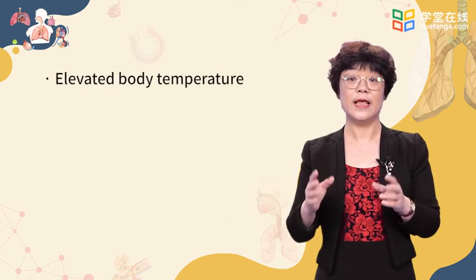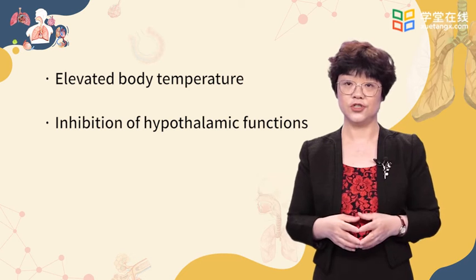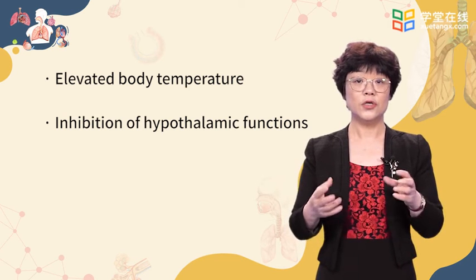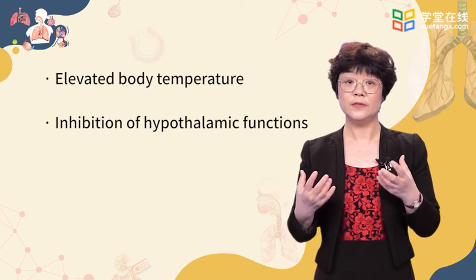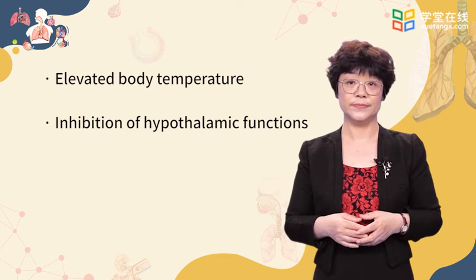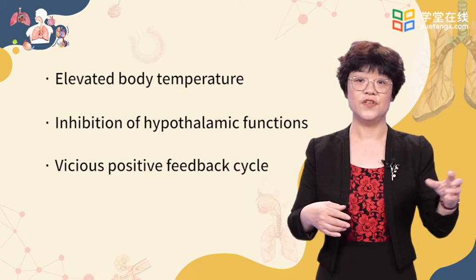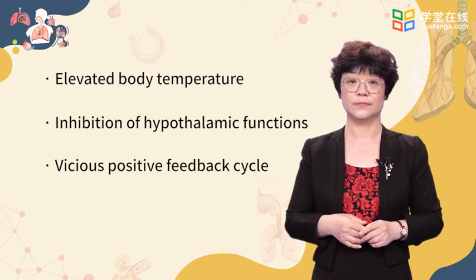Again, let's go back to the case of Lily. Overexposure to a hot and humid environment makes normal heat loss processes ineffective. This results in elevated body temperature and inhibition of hypothalamic functions. At a core temperature of around 41 degrees centigrade, about 105 Fahrenheit, heat control mechanisms are interrupted, creating a vicious positive feedback cycle.